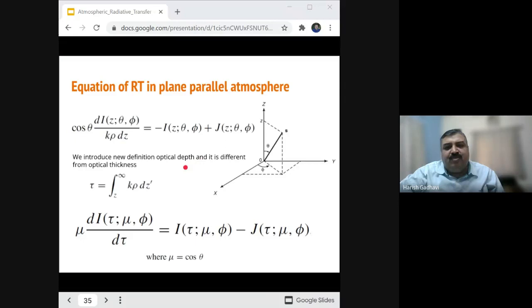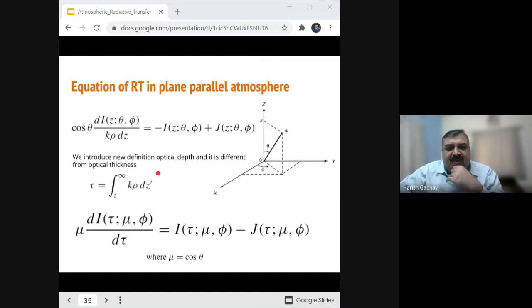But many people use the terms very loosely, and that leads to a lot of confusion. So again and again I emphasize that optical depth means the word depth implies that we are talking about from top downward in the vertical direction. That's one particular direction. That's what is meant by depth.